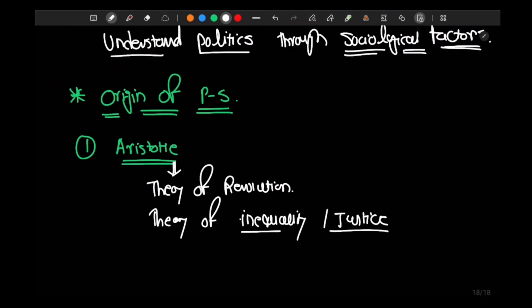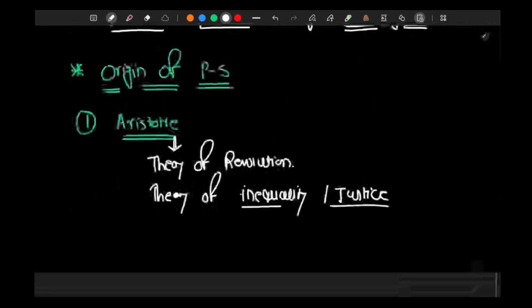That is the idea. So again, a very sociological analysis of politics: how politics will work, and which of the social factors, the social dimensions, are going to participate in the political sphere. That was the idea of Aristotle.